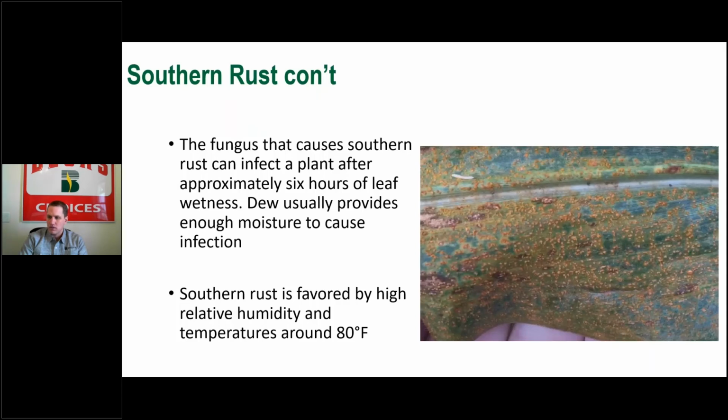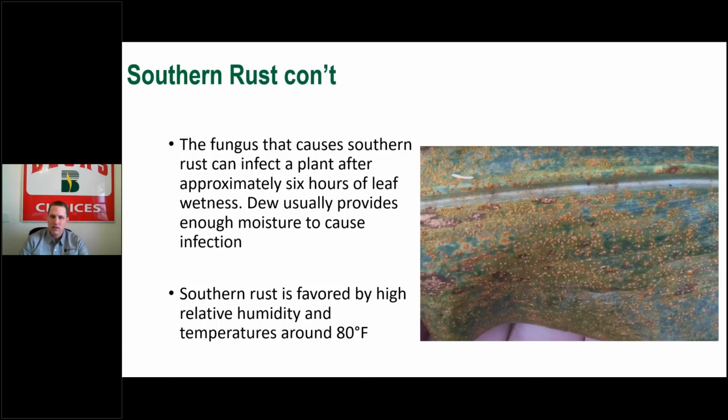So a disease, again, that can be controlled by fungicides, you really need to dive into your fungicide labels and see what controls southern rust because it's very specific, and not all fungicide labels are going to control southern rust. So it's another one that's new. No, it's not new, but it can be very aggressive and cause extremely high yield losses in those environments.